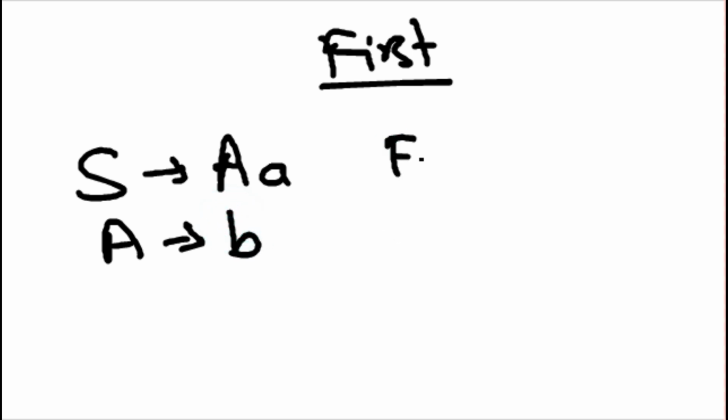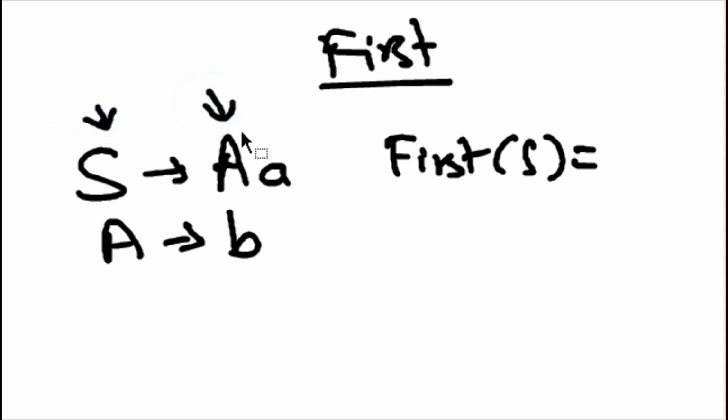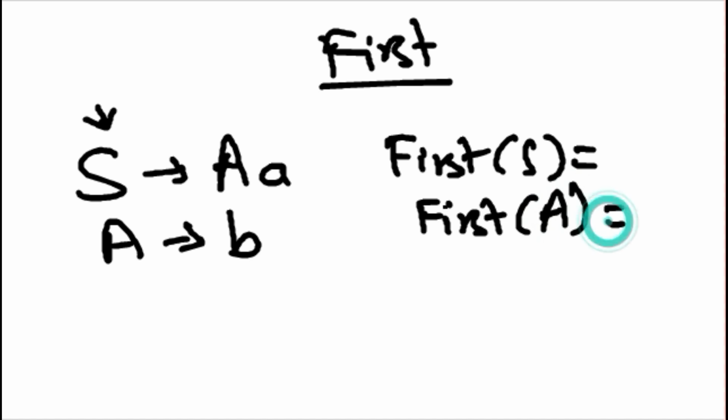Now in this case, first of S will not be capital A. The first of S will be first of A. Now first of S is equal to first of A.